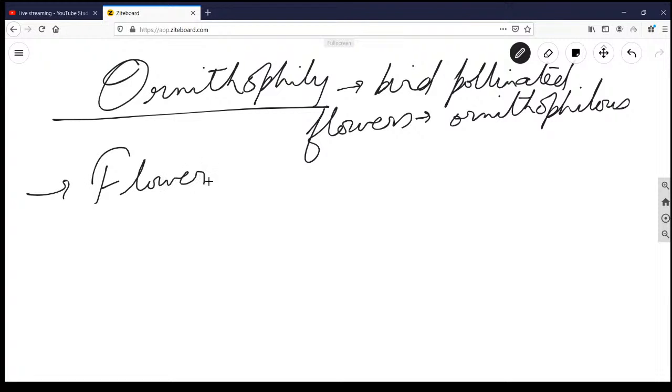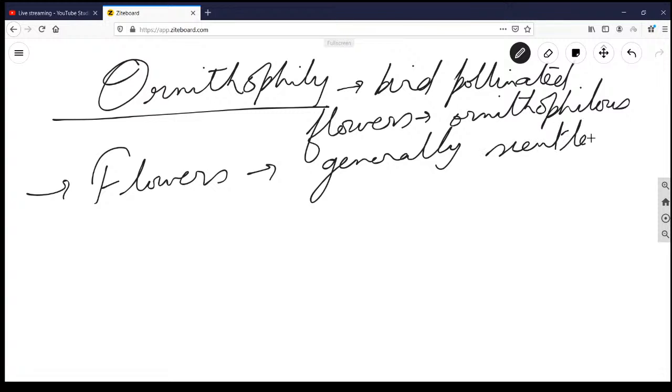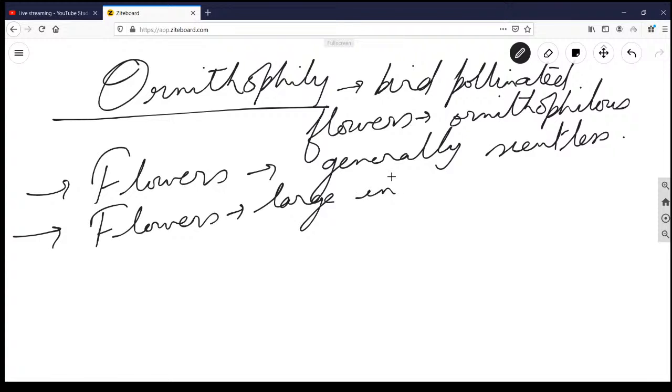Birds are not to be enamored by a scent. The flowers are generally completely scentless, fragranceless. Then the flowers are large in size, so the birds can sit on them.